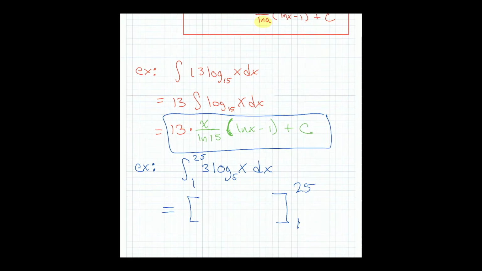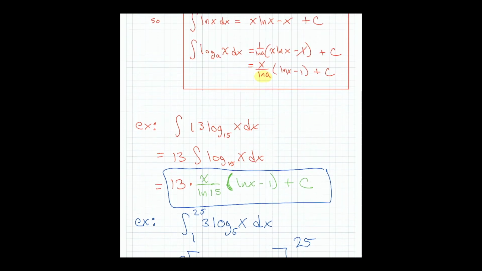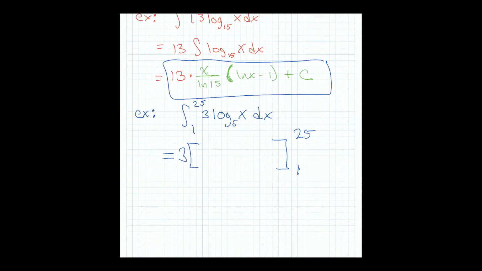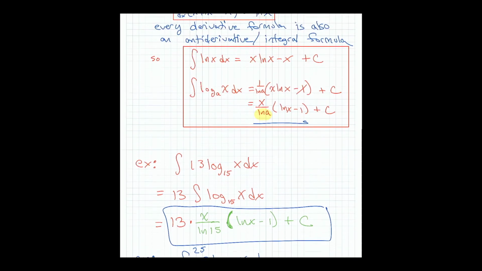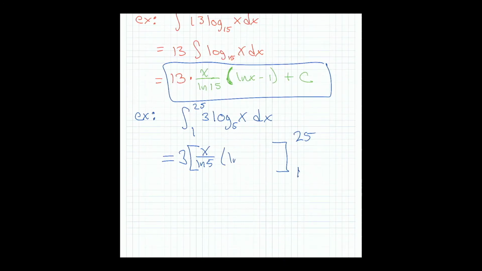So the 3 is just a 3. We can take that out of the integral, so I'll put it there. And then we need the antiderivative of log base 5 of x. And again, it's a very easy formula, right? It's right here. x over ln a, so that's x over ln 5, and then ln x minus 1. Like that. Okay?